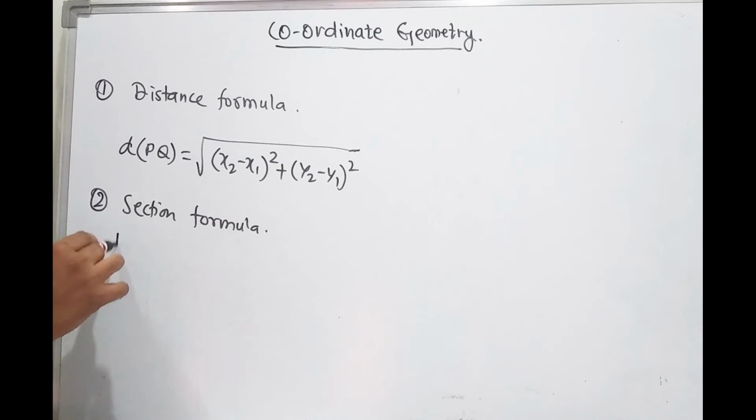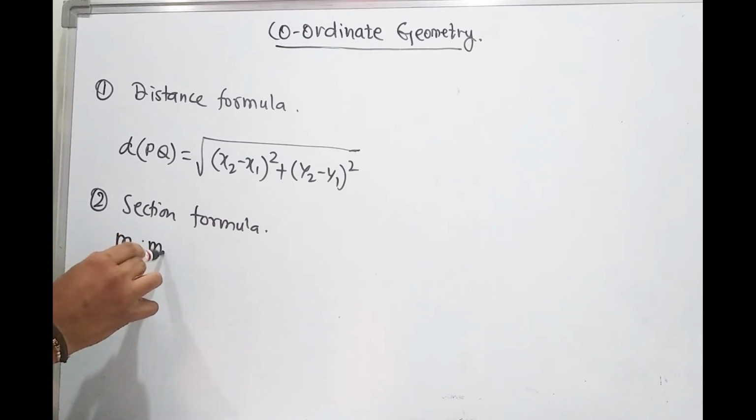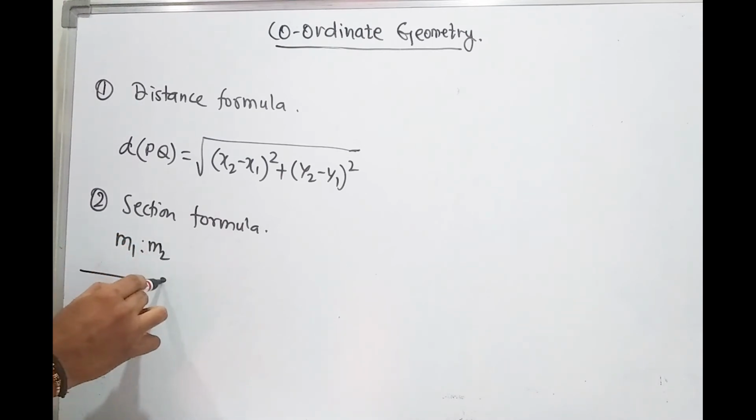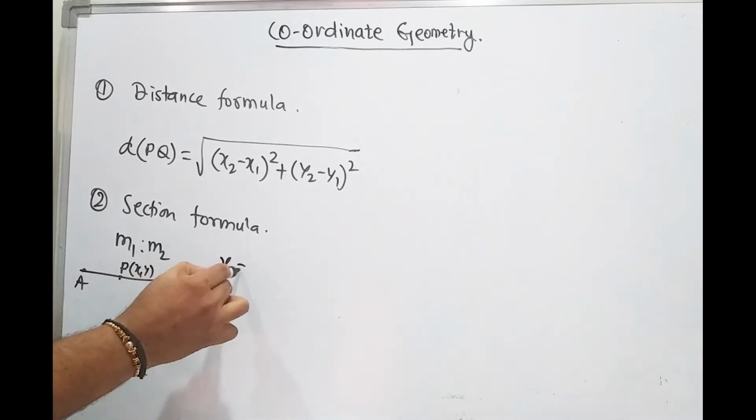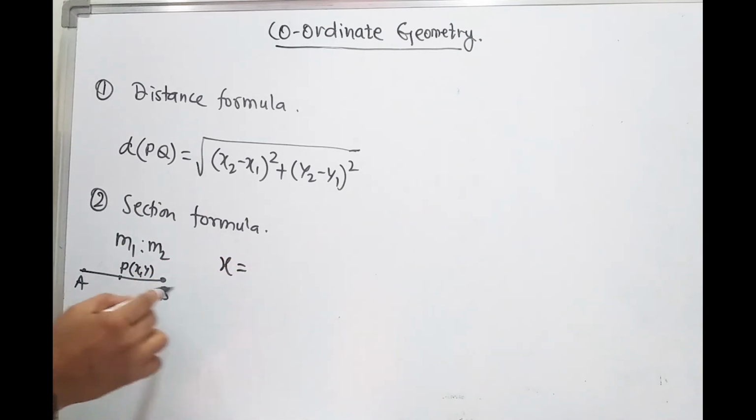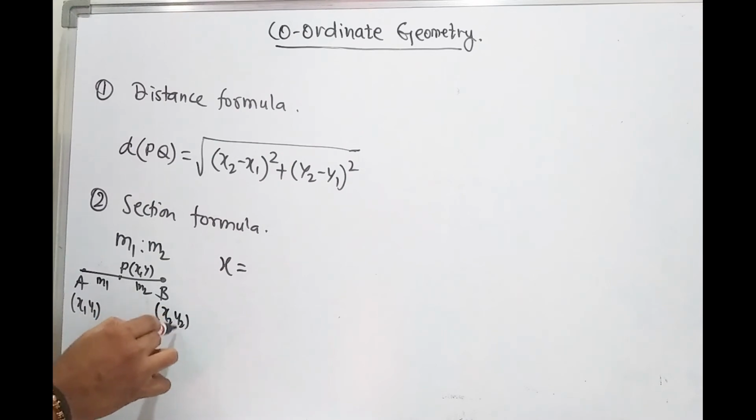If m1 is to m2 is the ratio in which the line segment AB is getting divided, and P is the point having coordinates x and y, then here is the ratio m1 m2 and these are the coordinates x1 y1 and x2 y2.